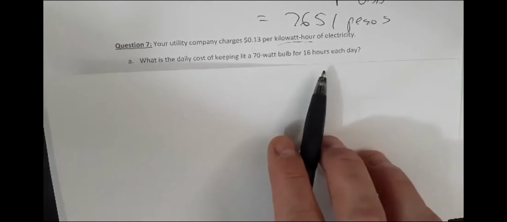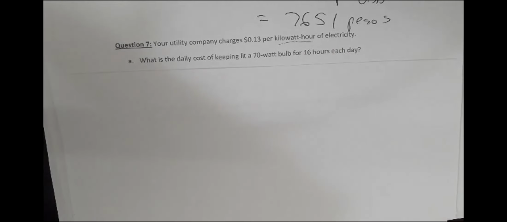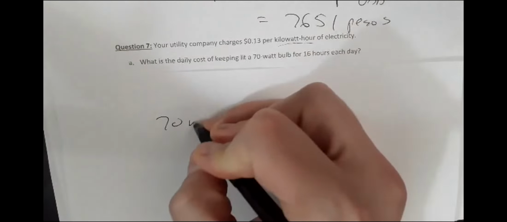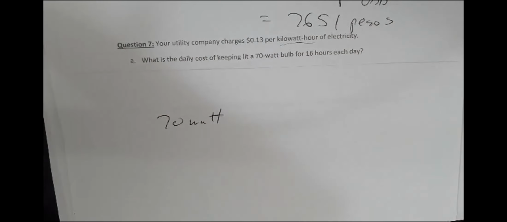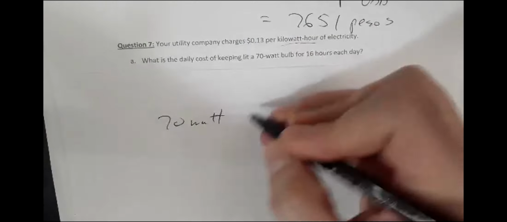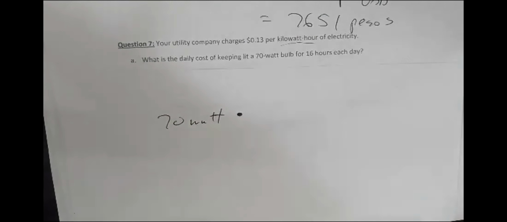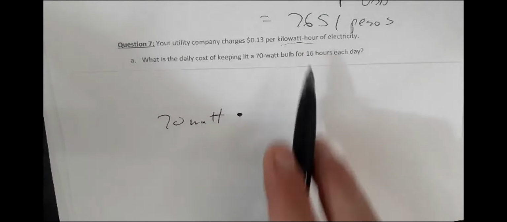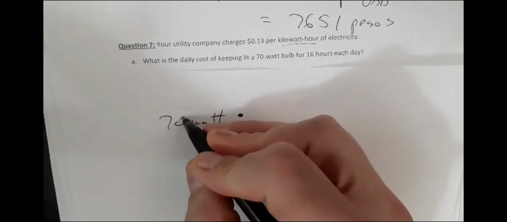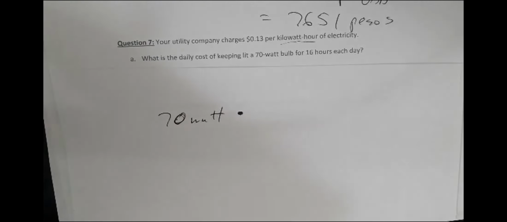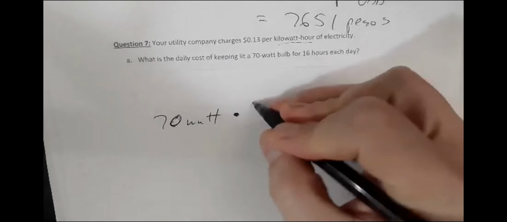They're giving me watts and hours. What am I going to do with these two numbers? Well, I got to convert this to kilowatts. Fair enough. But I convert that to kilowatts. What am I going to do? I'm going to multiply by that 16 hours.